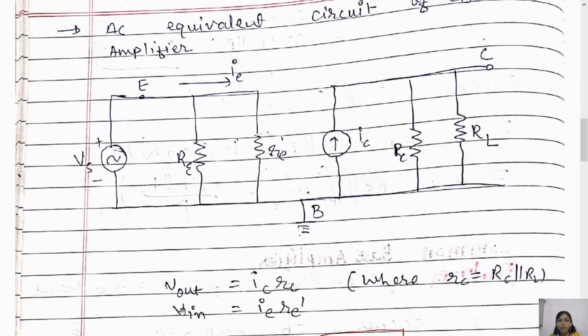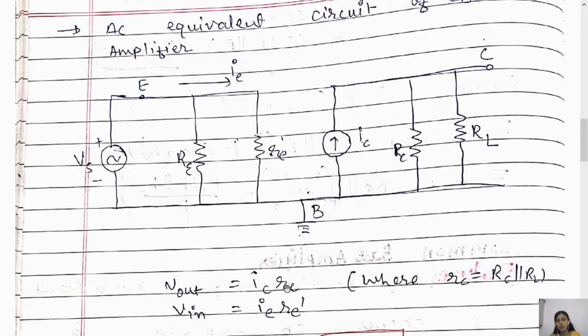Similarly, for the input voltage, it is the input current and input resistance. So V out equals IC into rc. Here we are not ignoring RL; rc is the parallel combination of RC and RL, which gives one value denoted by small rc.